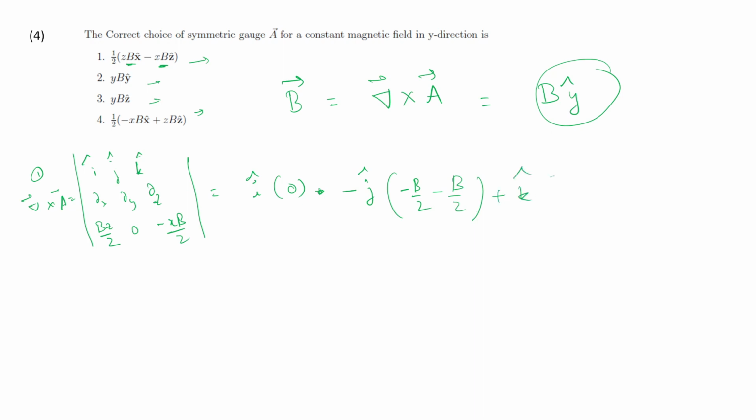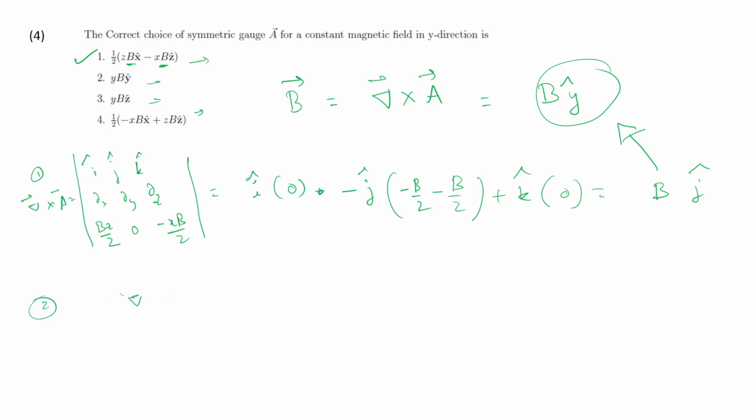For k cap, this is 0 minus the partial derivative of bz by 2 with respect to y, which is 0. So it is just b j cap, or b y cap. The first option already gives a constant magnetic field along the y cap. Let us see if the other options give the same or not.